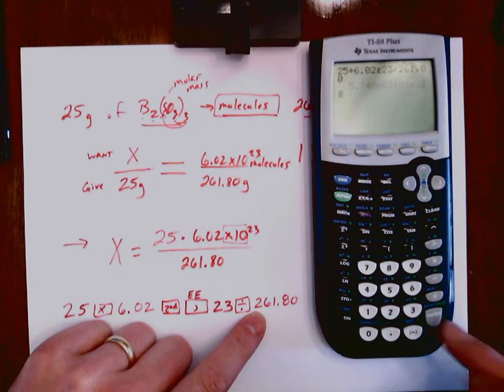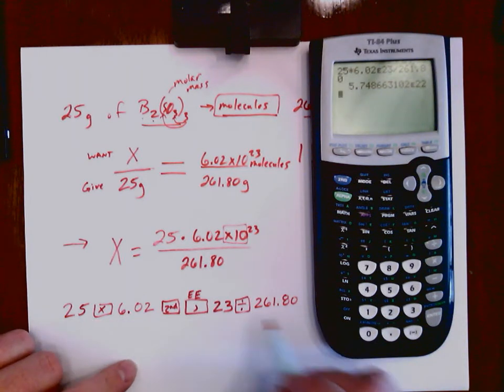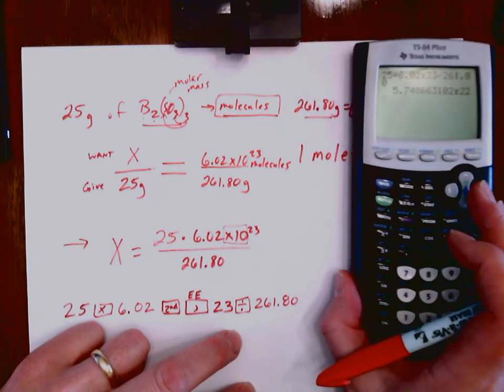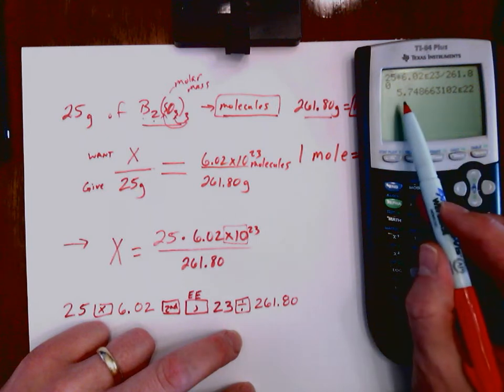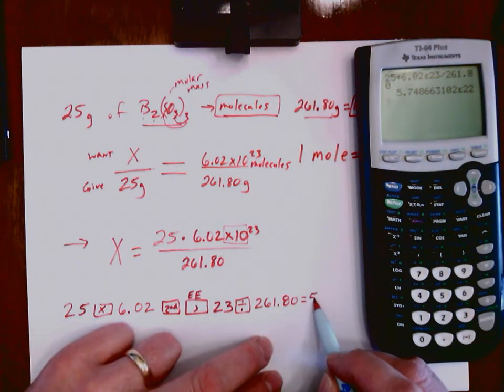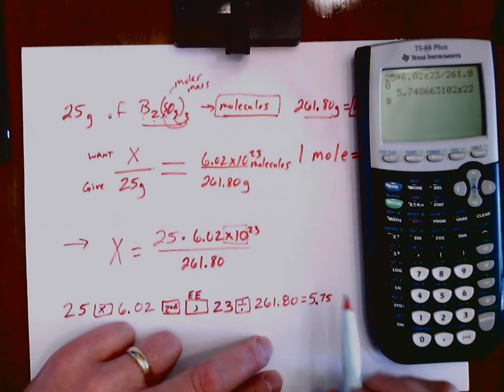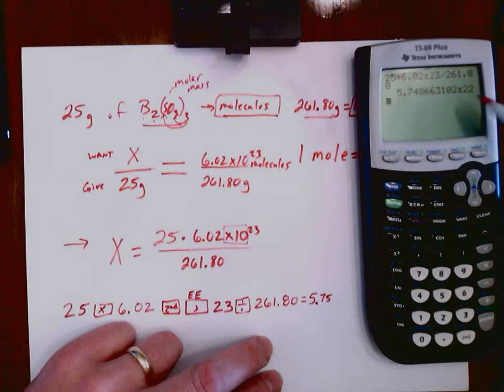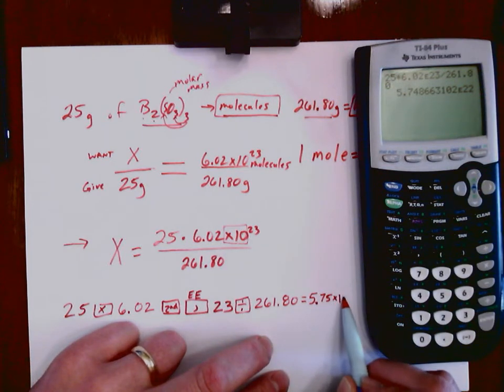When I get that, my answer, and I'll put this over here in case you can't see it very well, is, with 2 decimal points, 5.75, and this E stands for times 10.